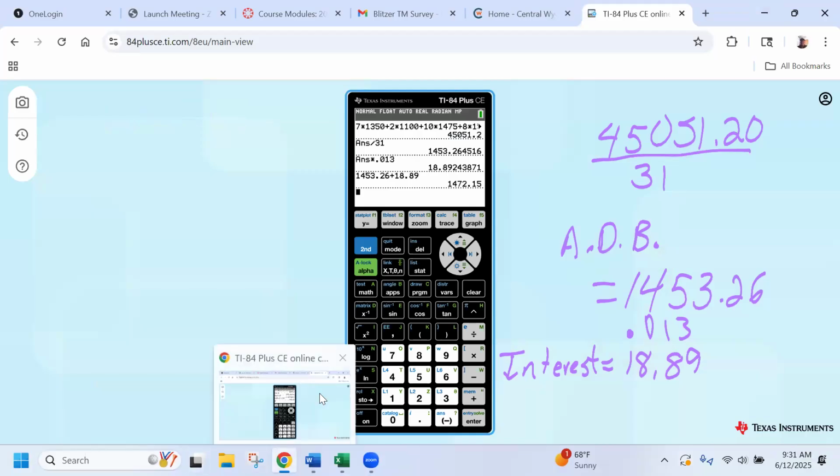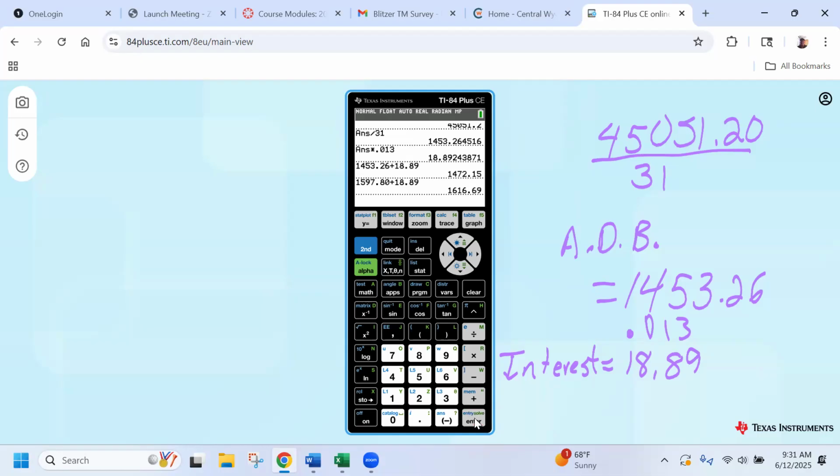So 1597.80 plus the interest 18.89, and I get 1616.69 is my balance on June 1st.